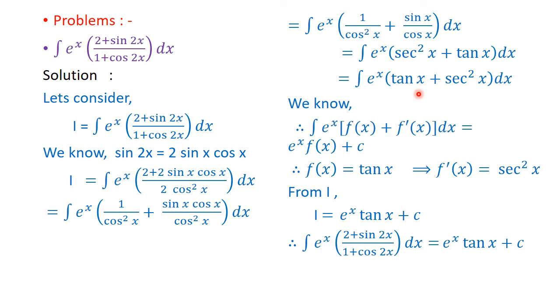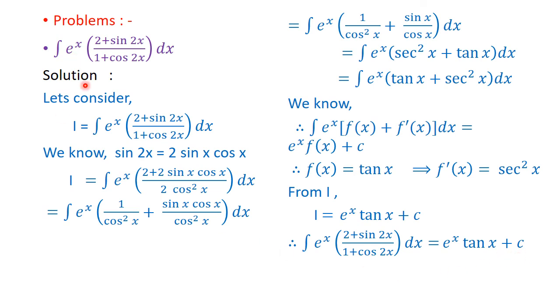This is again of the form which we have seen in the previous example, that is, f of x plus f dash of x. So by using the result we have clearly I is equal to e raised to x tan x plus c. Therefore the given integral I is equal to simply e raised to x into tan x plus c.